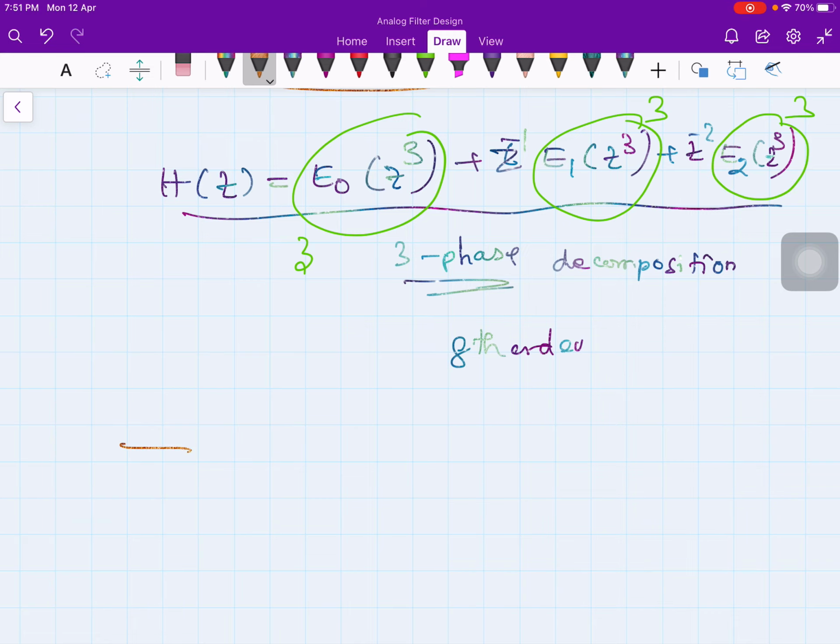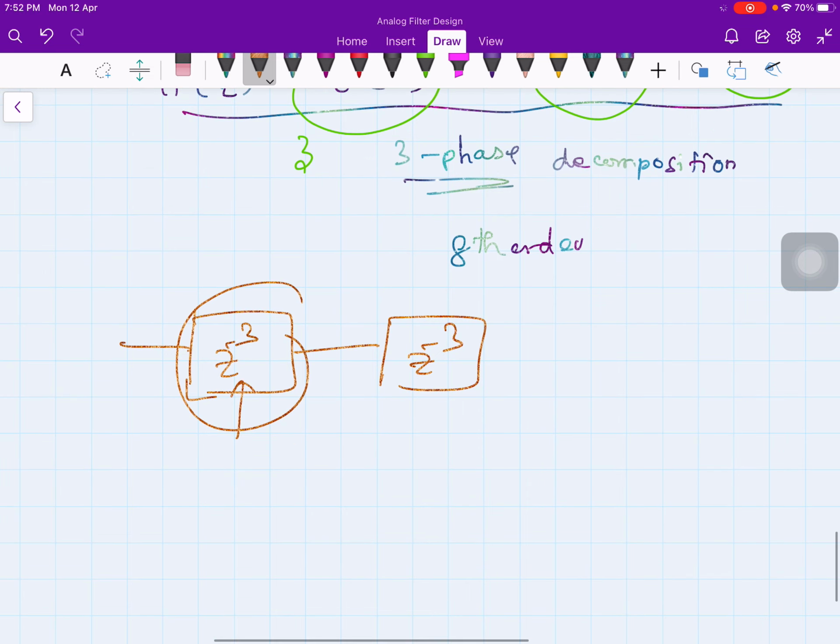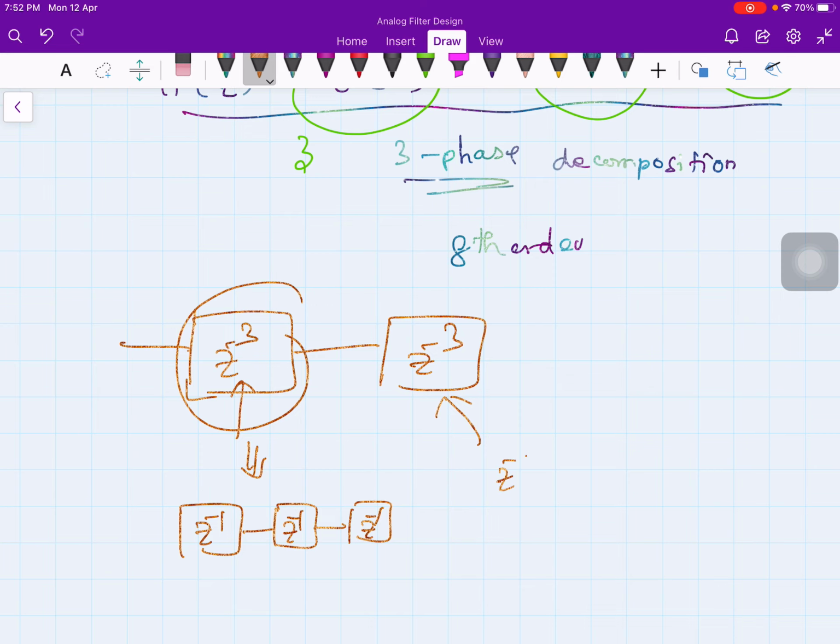So if I draw the block like this, z^-3 and here z^-3, it is 3 blocks cascaded to each other. This block indicates I have z^-1, z^-1, z^-1, and from here also 3 delays are cascaded like this.